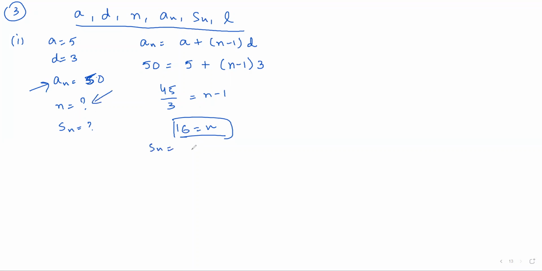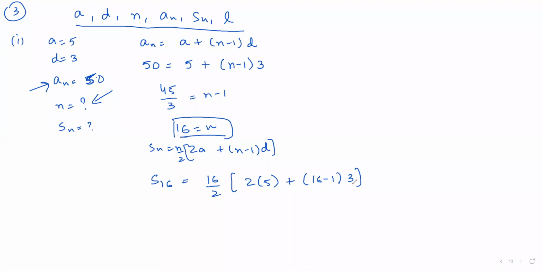So Sn is, again start with the formula. N by 2 into 2A plus N minus 1 into D. So I want to find S16. That is 16 by 2, 2 into 5 plus 16 minus 1 into D. Now please solve it. How much is S16? Tell me.